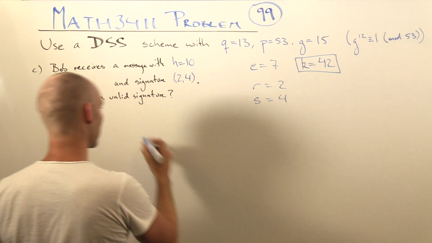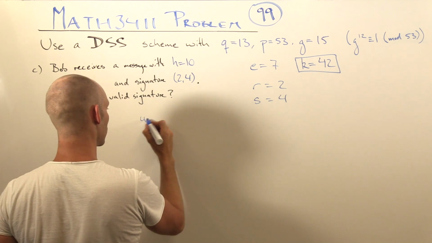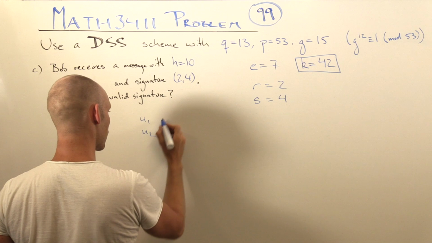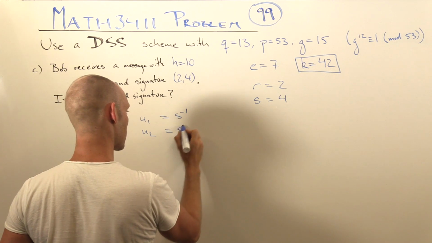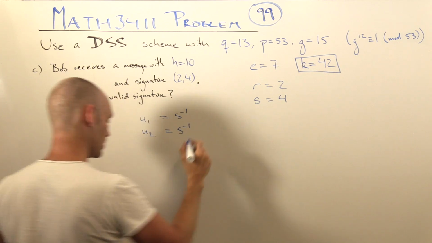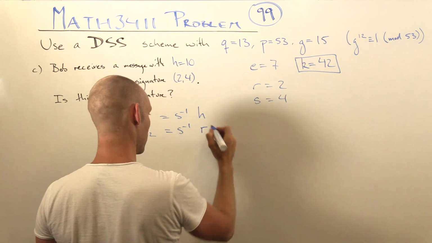So we need to calculate two numbers, U1 and U2, and they are equal to the inverse of S in both cases, times H in the one case, and times R in the other case.